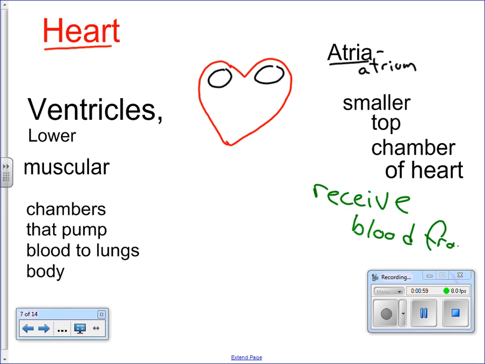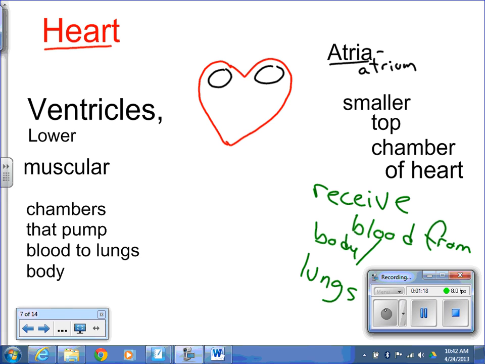No, in the atria, so everybody should be writing this down. The atria receive the blood from the body or from the lungs. Receive blood from body. Okay. So the atria receive blood from the body or from the lungs.